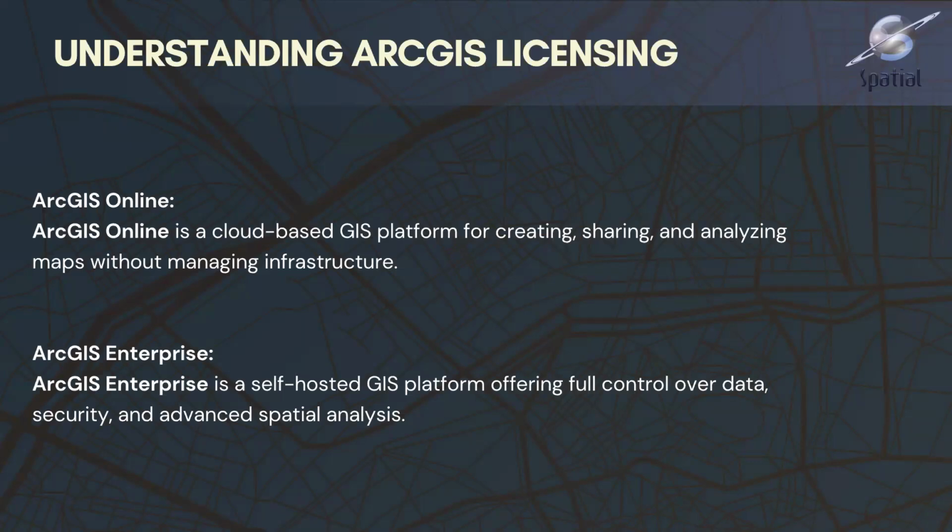And for Enterprise now, this is a self-hosted GIS platform offering full control over data, security, and advanced spatial analysis. So ArcGIS Online is a software as a service model. But on the other hand, with ArcGIS Enterprise, you have all of the responsibilities of managing your infrastructure. So that's basically just a short synopsis of both ArcGIS Online and ArcGIS Enterprise.